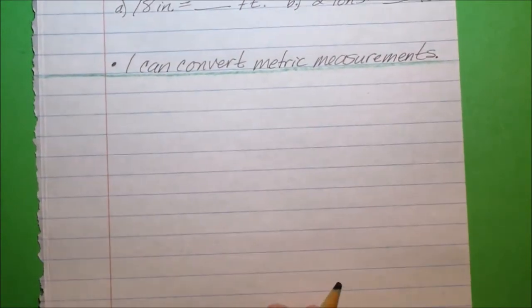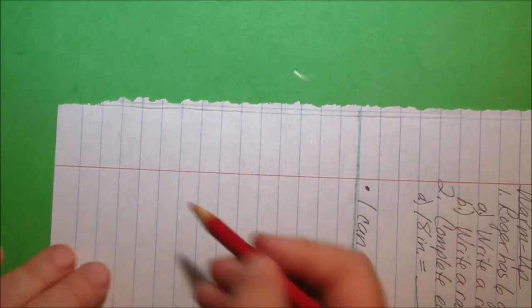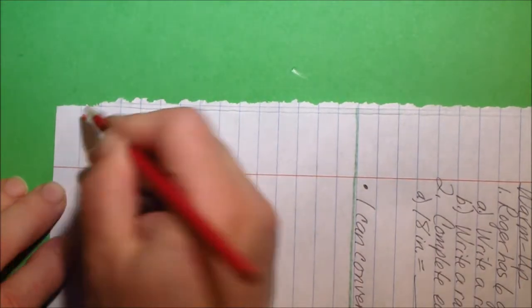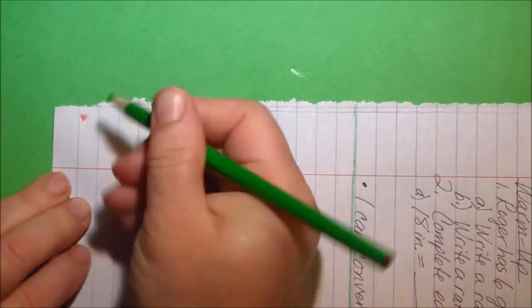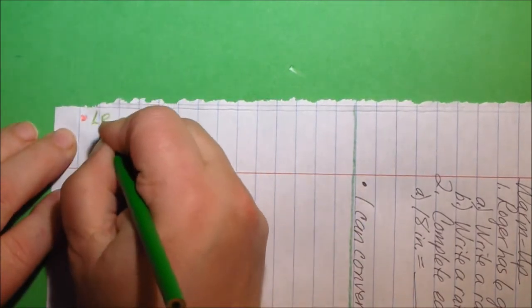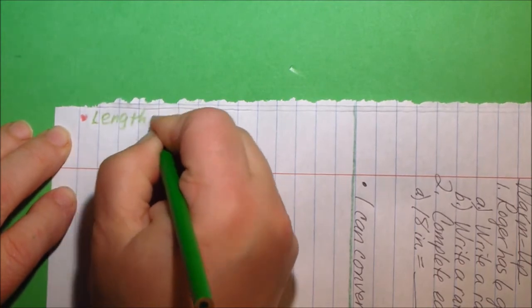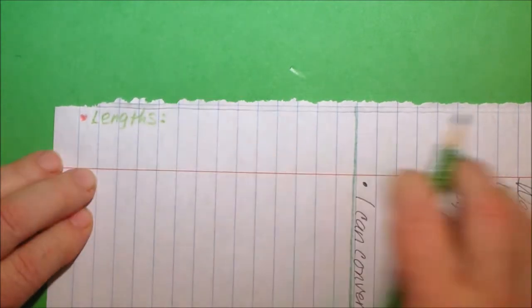Okay, so notes today. Well, I'm going to start out like we did on 1.3 by making some notes in this margin here. First we'll talk about lengths in metric measurements.